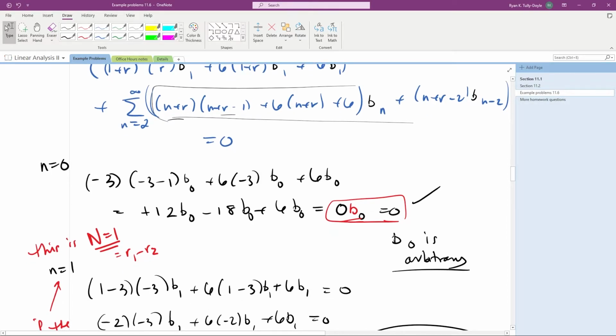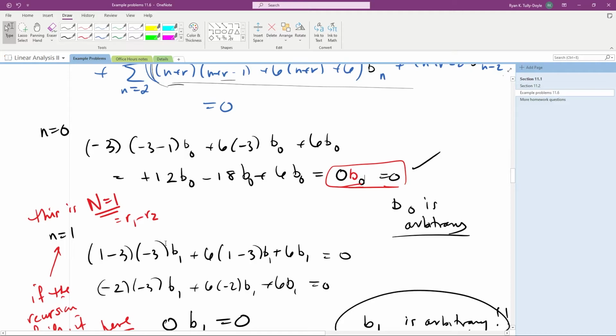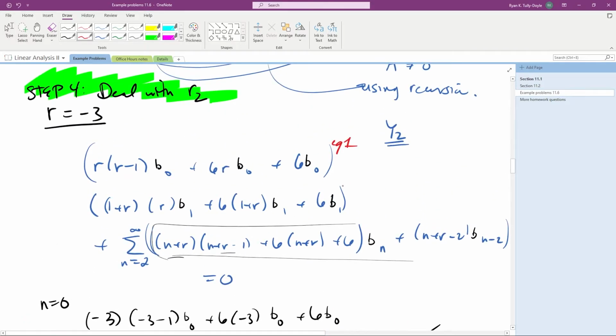Now we're going to check the trouble term, because this is an equation involving b1. And remember that the integer difference was 1 between -2 and -3. So if there's going to be a problem, it's going to happen right here. When you plug -3 into the equation for a1, so this is all equation 2, and you can see it right here, you take all of this and set it equal to 0, and plug in r equal to -3.